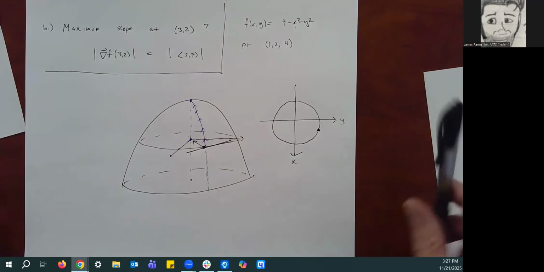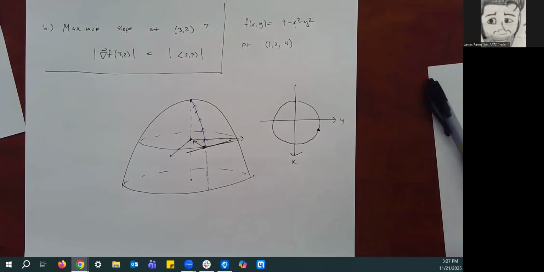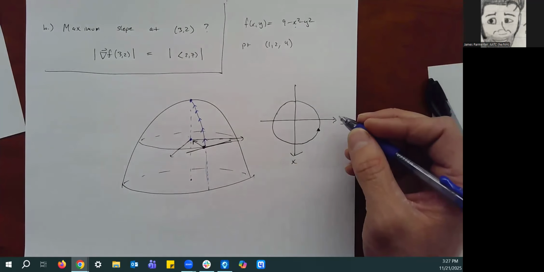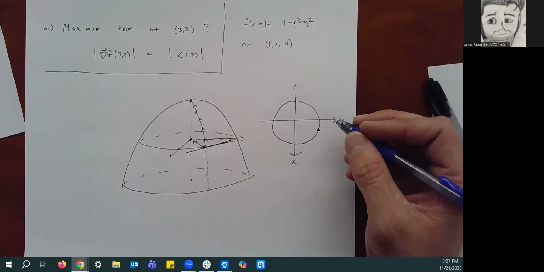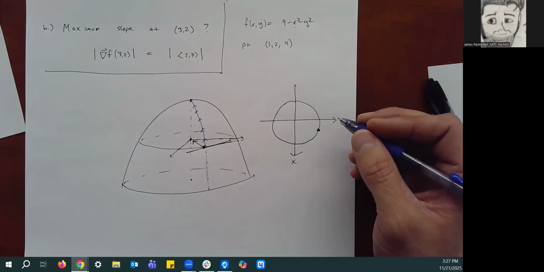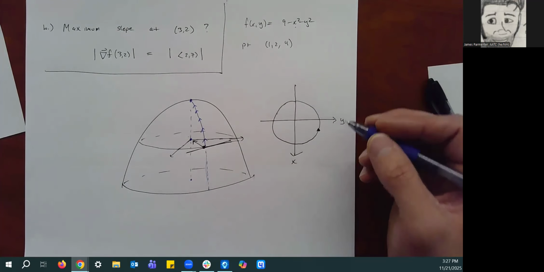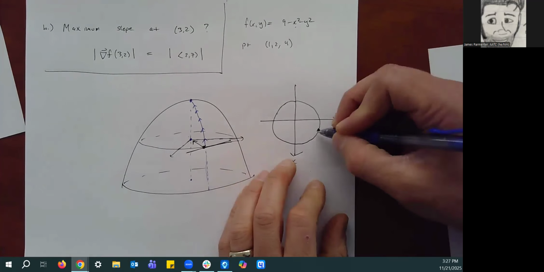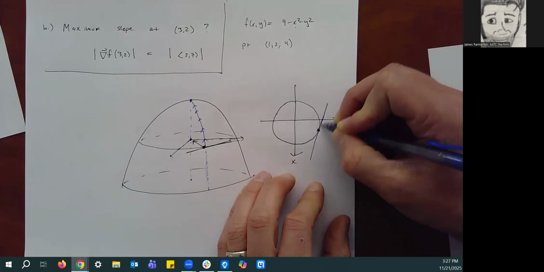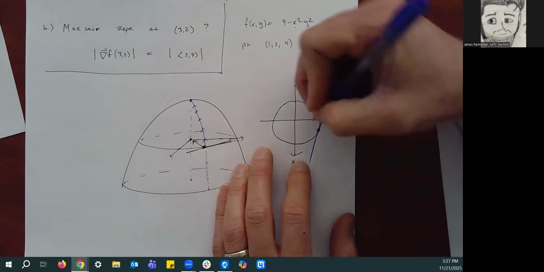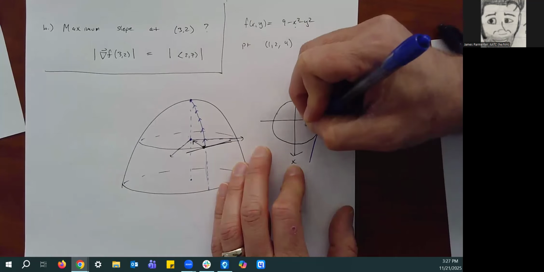What we're saying is the gradient vector has to be perpendicular to the level curve, or the line that's tangent to the level curve. So here's my level curve tangent line right there, which we'll maybe find the equation of. And here is my gradient vector perpendicular to it.